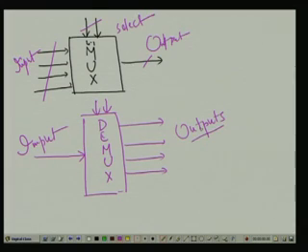That means, in this case only one single input, and depending on the value of the control bits at the select lines, that particular input will be directed to different output lines, depending on the select lines.